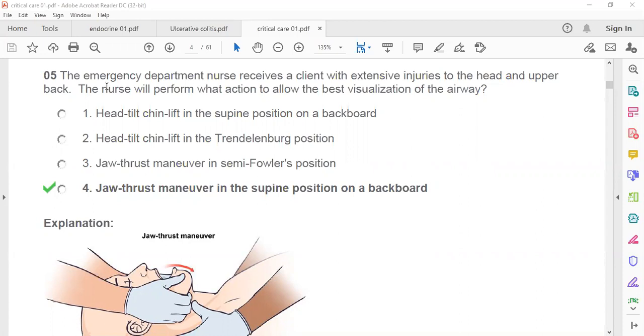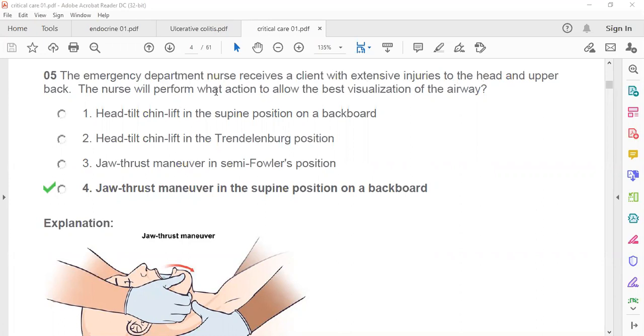So in this question, the emergency department nurse receives a client with extensive injury to the head and upper neck. With extensive injuries, immobilization and appropriate positioning are important.